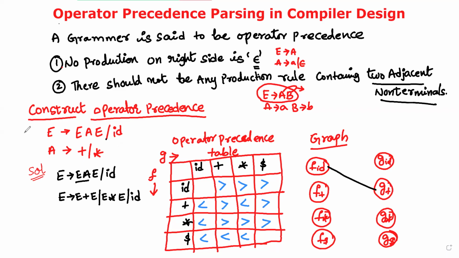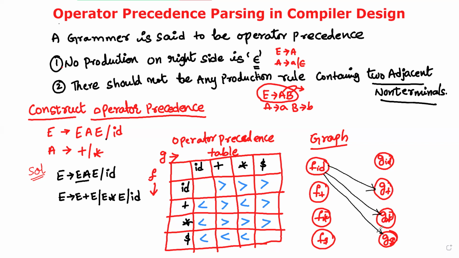So now I am going to give the values between f of id and g plus, f of id to g star, then f of id to g plus, then f of id to g dollar.